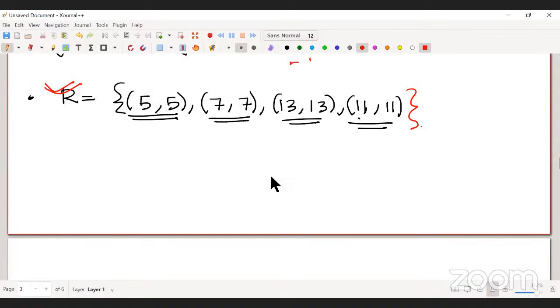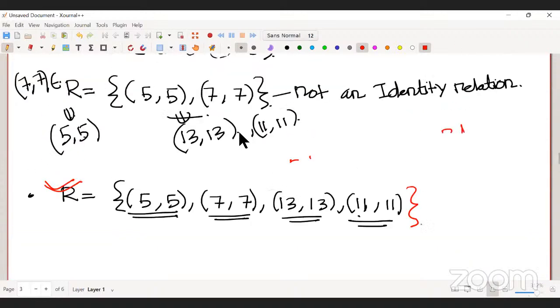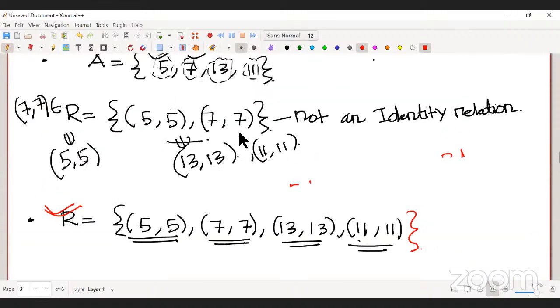I have a doubt. So here 5, 5, 7, 7, 13, 13, 11, 11, only these elements are identical elements. So if we have every element like 5, 7, 5, 13, 5, 11, then 7, 13, 7, 11, like this, if we go on, then that is not an identity relation.